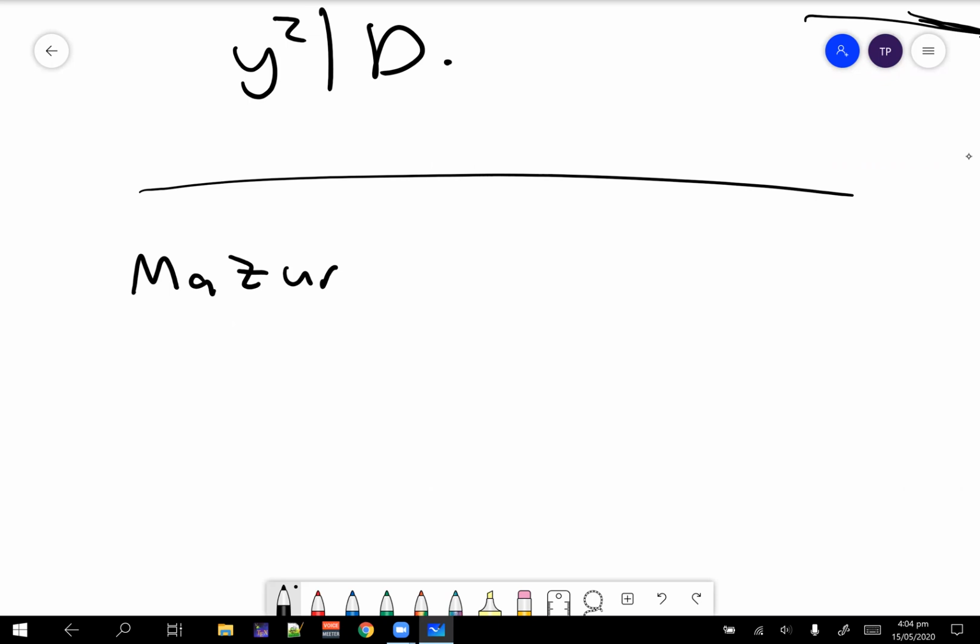That means using Nagell-Lutz, we only have to check every point satisfying our conditions. Recall that y has some constraints on it. So we only have to check a finite number of cases, because by Mazur, we only have to check up to n equals 12. And that's why this theorem is quite powerful.